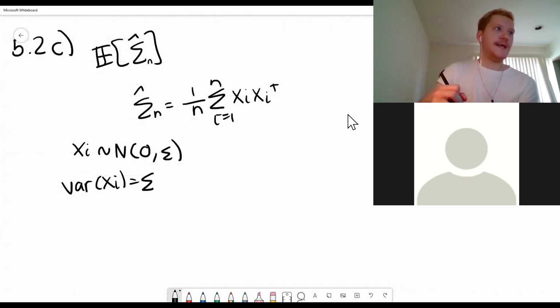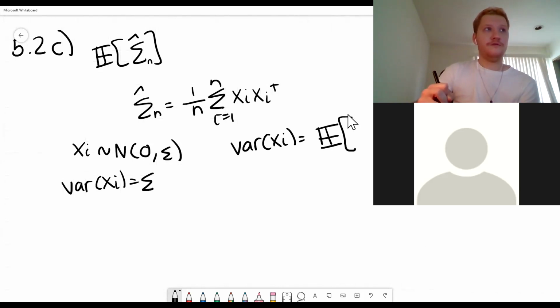And something to note is that the variance of xi is going to be equal to the expected value of xi minus expected value of xi, times xi minus expected value of xi, transpose.